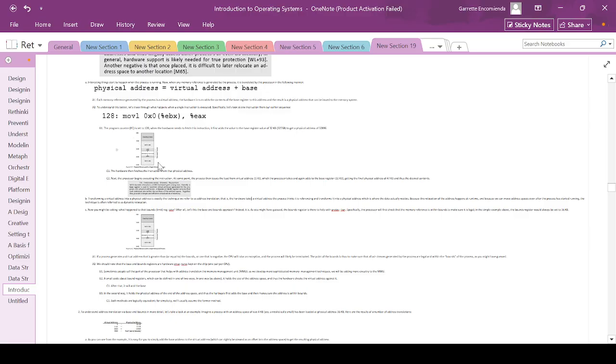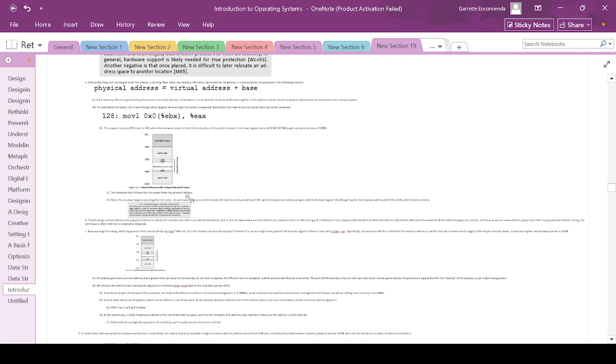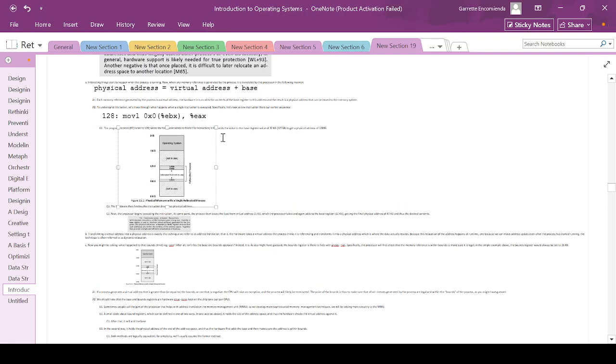The program counter is set to 128. This is the first instruction in our program code. When the hardware needs to fetch this instruction, it first adds the value to the base register value of 32 kilobytes.